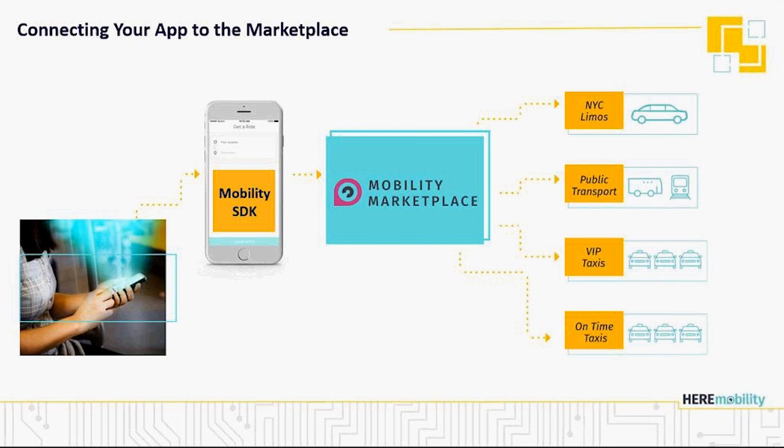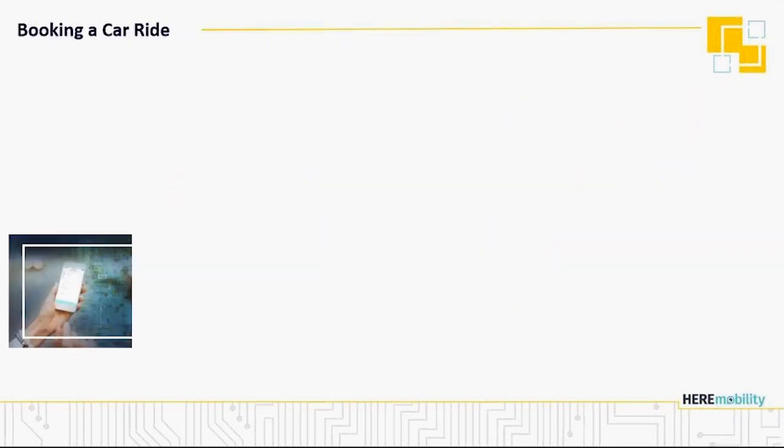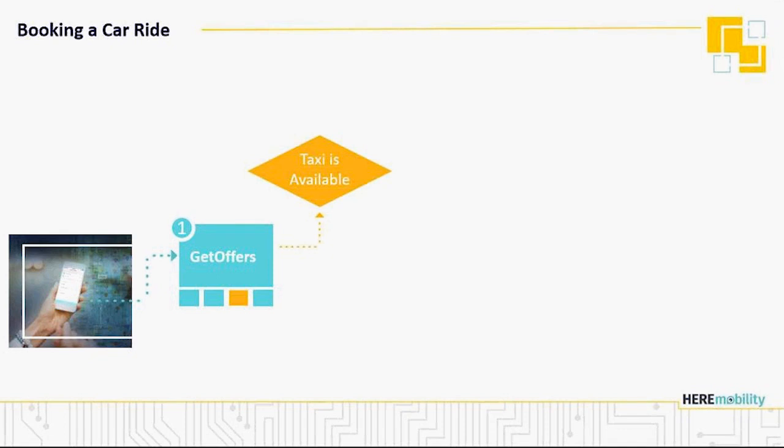Now let's have a closer look at the booking a car ride flow within the SDK. So you have a user that uses your application with the SDK integrated in it. The user can choose the destination he wants to go to. And then he can get different offers from our marketplace to get to the destination he desires.